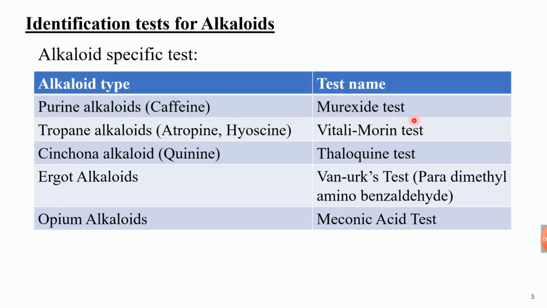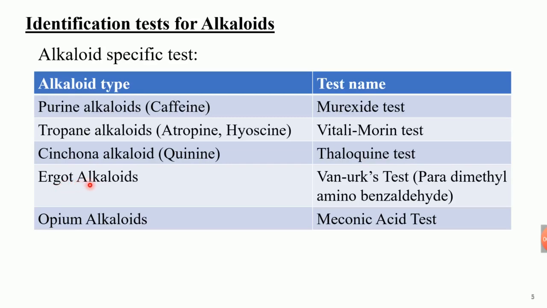The test name is Murexide test. Next is tropane alkaloids like atropine and hyoscine. Vitali-Morin test is used for identification of tropane alkaloids like atropine and hyoscine. Next is cinchona alkaloid. This cinchona alkaloid like quinine is identified using the thalleioquin test.